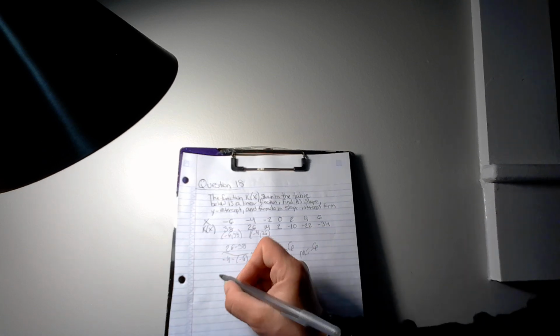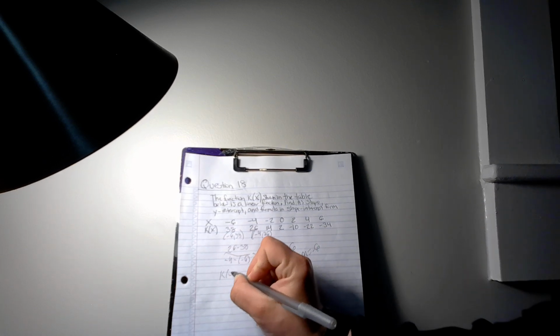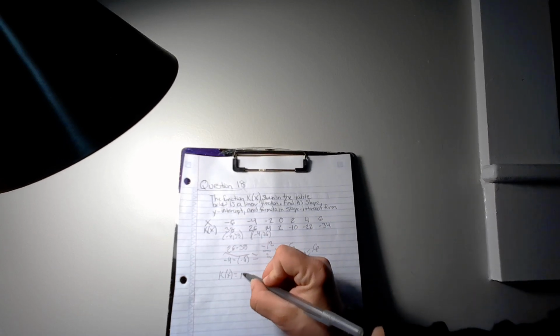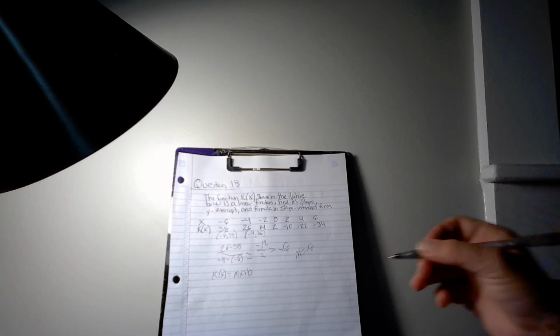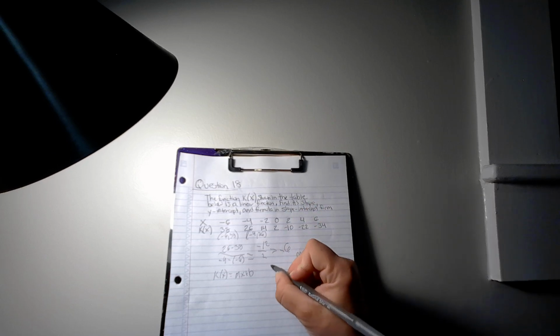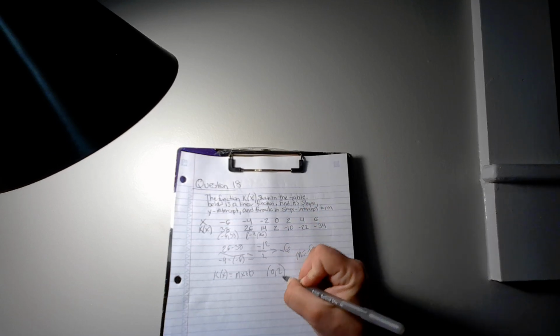Now, once you figure this out, you have to solve for the slope-intercept form, which is k of x equals mx plus b. To fill in the blanks for this formula, you could pick a point. I chose to pick the point (0, 2).